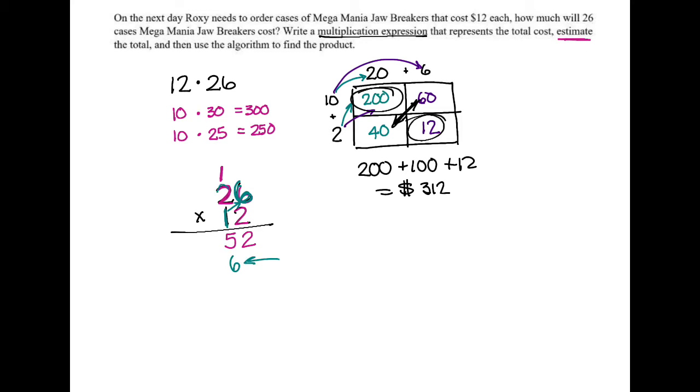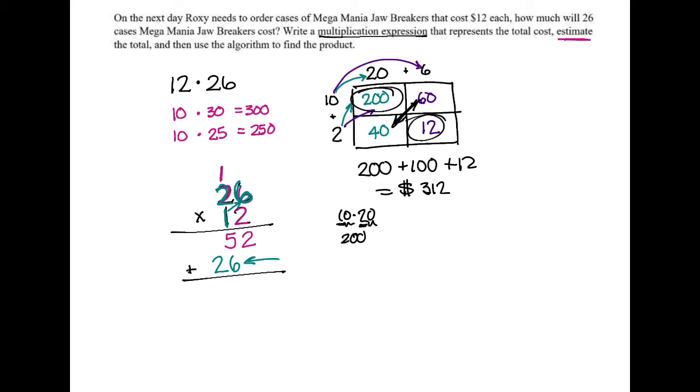Okay, now 1 times 2 is 2, and it goes in front of that. And the reason why that happens is this is 10, and this is 20. Okay, 10 times 20, 1 times 2 is 2, and then the zeros, that's 200. So it needs to be in the hundreds place, which it is if you move over 1 place.